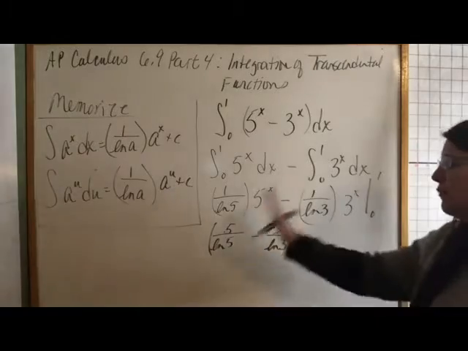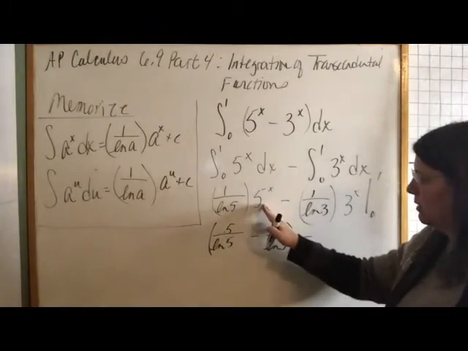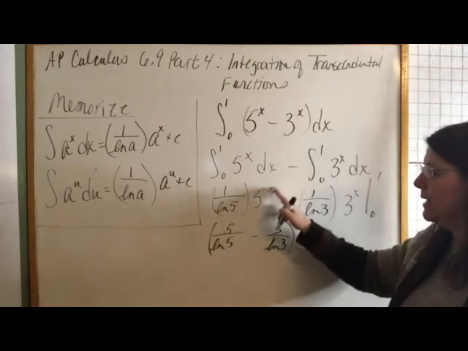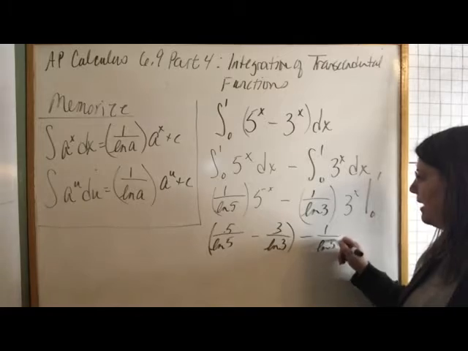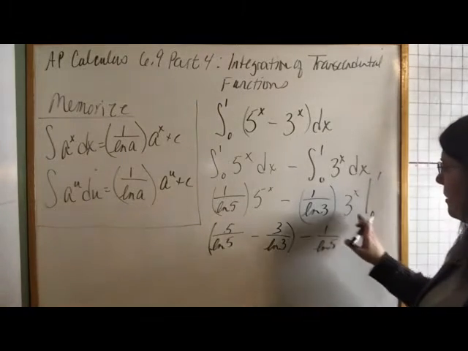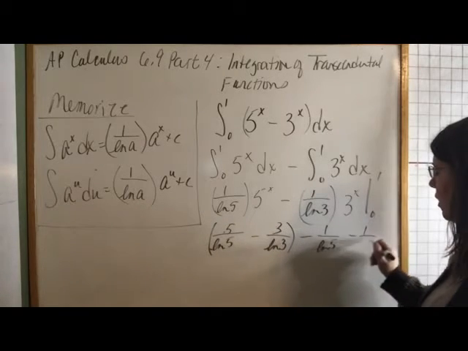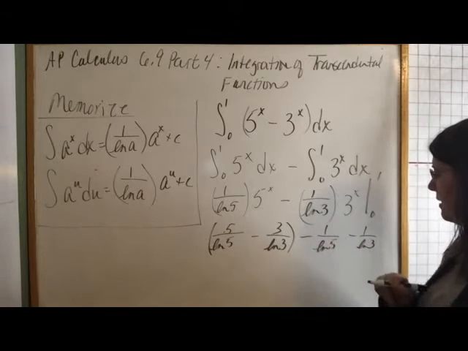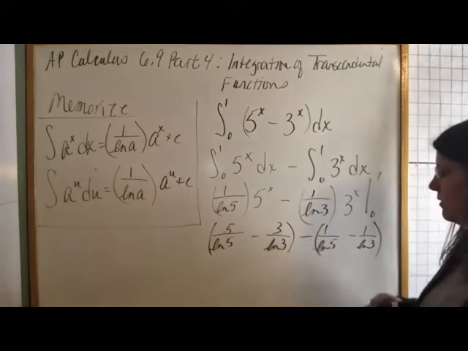Then I have to subtract from that what I get when I plug in 0. If I plug 0 in here, 5 to the 0 is just 1. So what I get for this part is 1 over the natural log of 5. For this one, when I plug 0 in, 3 to the 0 is 1. So I have minus 1 over natural log of 3. And that's subtracting both of those.